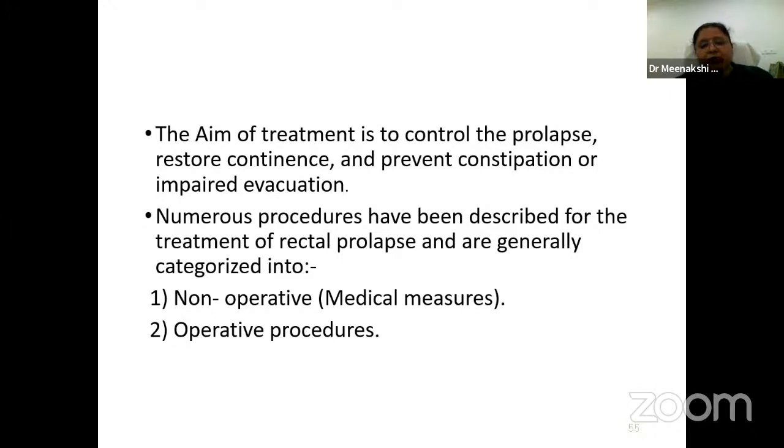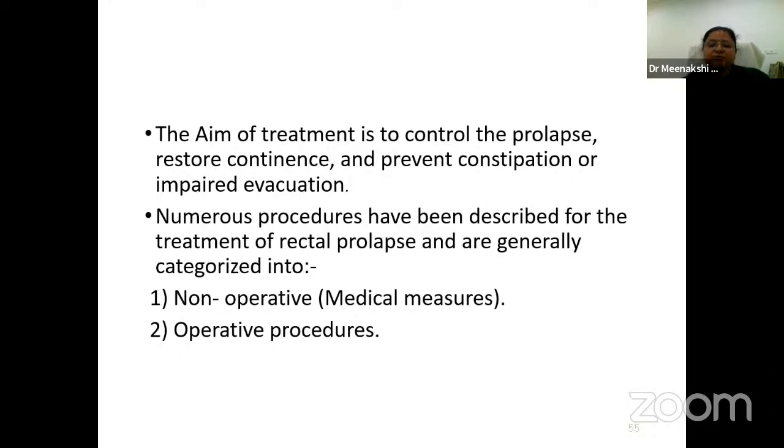Then the third important point is that the patient should not get constipated in the post-operative period, and there should be no impaired evacuation. So we have to treat this constipation. Our aim of treatment should be like this.